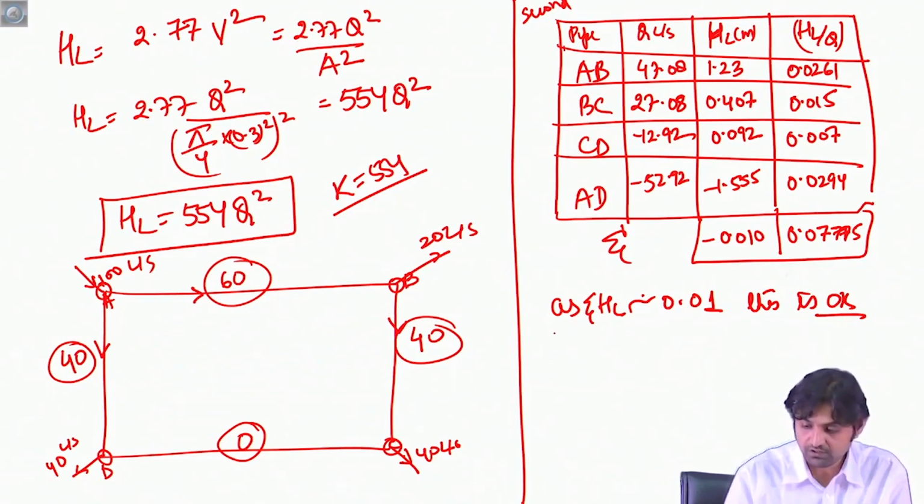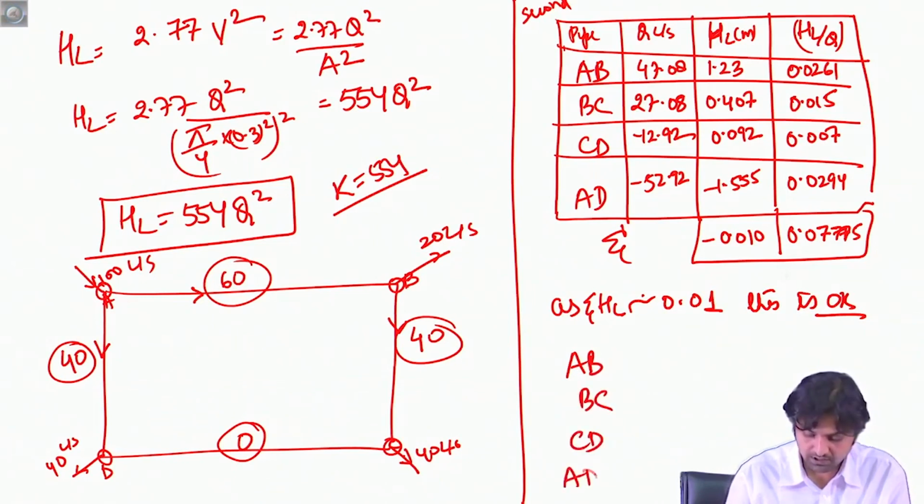Therefore, these will be the final discharges in the pipes AB, BC, CD and AD. So, AB is going to be 47 approximately, this is 27, this is 13 and this is 53.